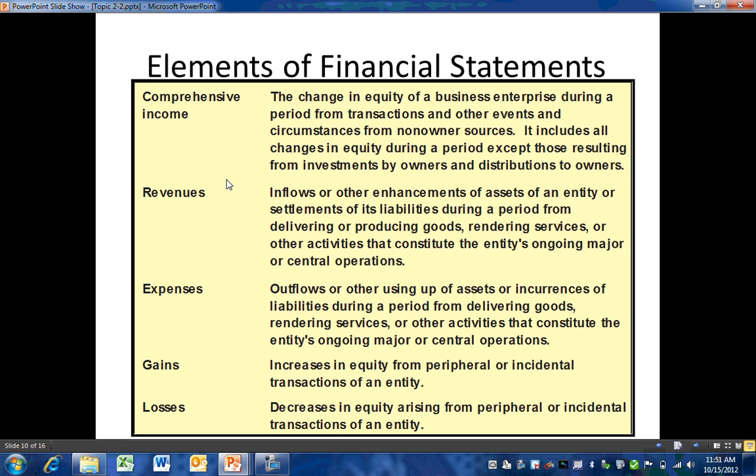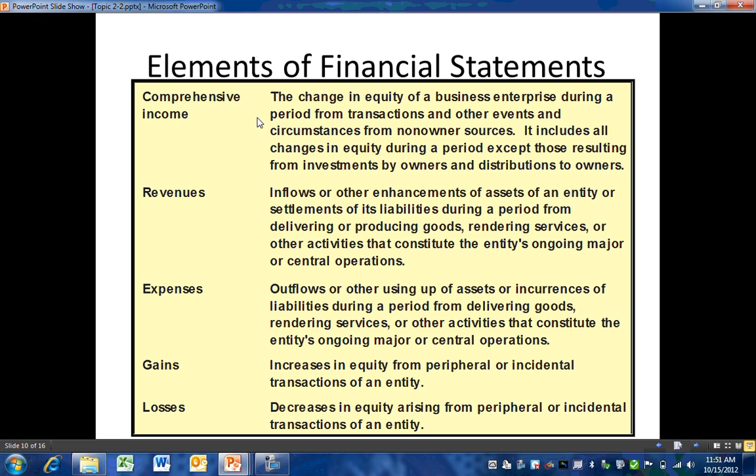We have our comprehensive income. Again, these evolve out of non-owner sources, and these reflect the change in assets and liabilities that occurred over a period of time.